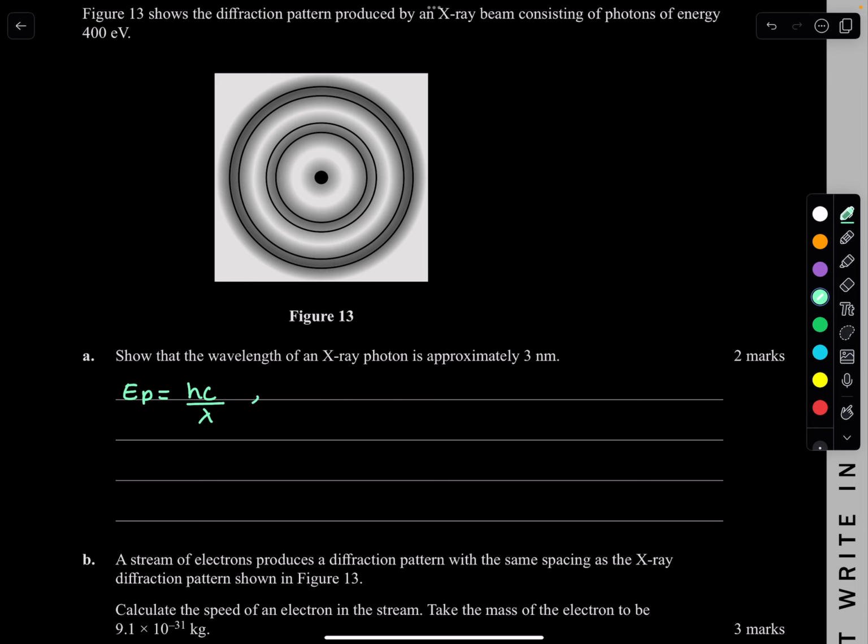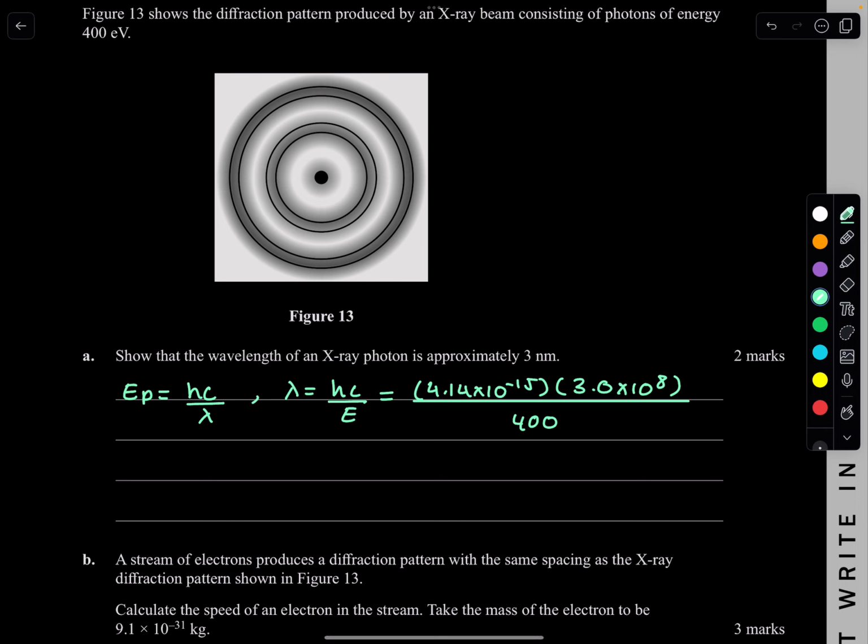So wavelength is hc over energy of a photon. What's our h? Again, it's 4.14 times 10 to the negative 15. Your c value is 3.0 times 10 to the power 8, your speed of light, divided by your energy, which is 400.